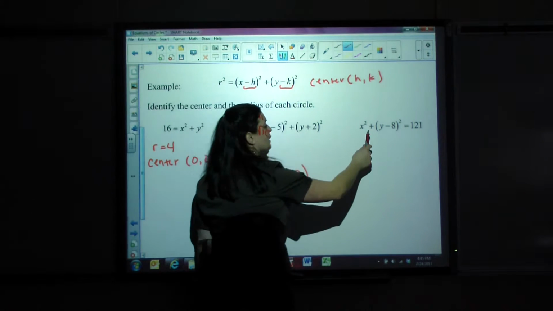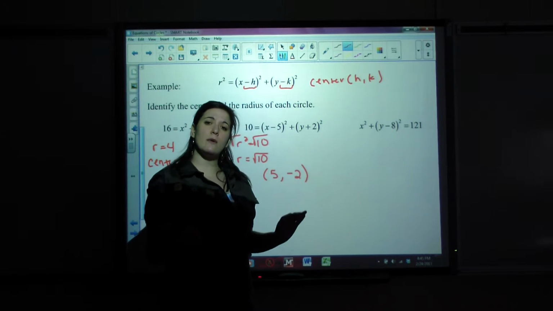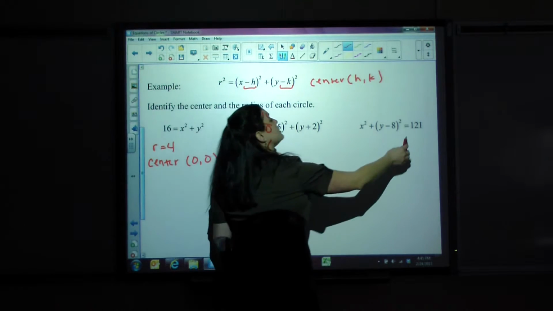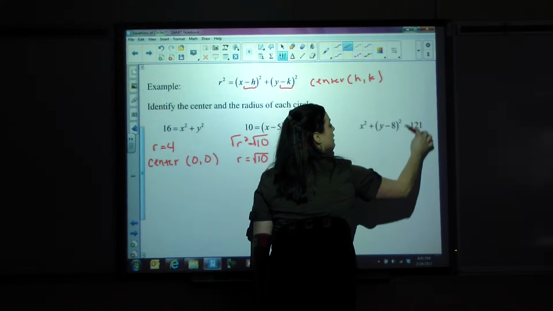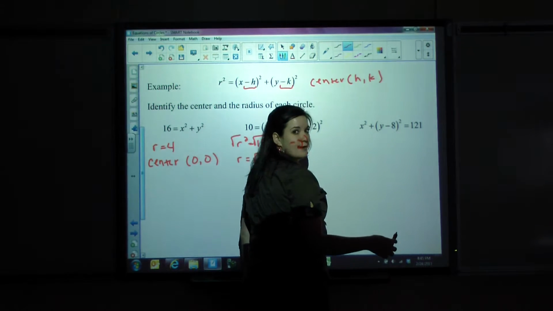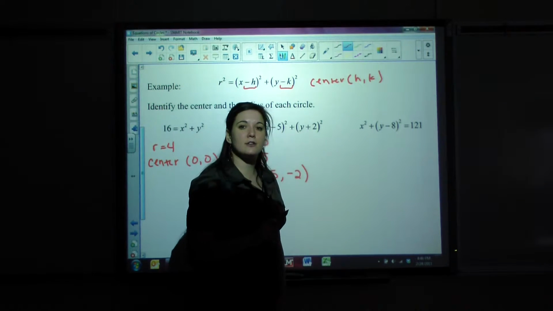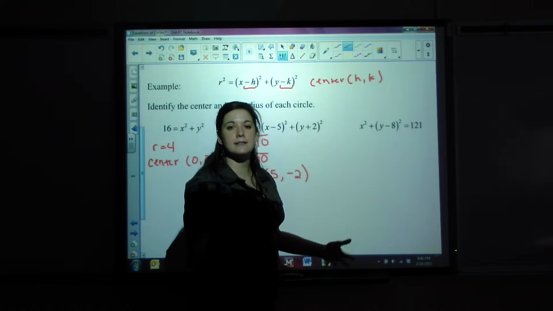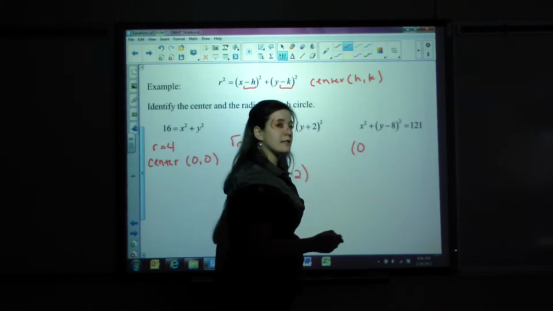Let's try one more. This one, everything's kind of flipped. But you know what? That's okay. We just have to realize this is x squared and y squared equals, this is going to be our r squared. Okay, let's change it up a bit. Let's find the center first. What number is being added or subtracted to x? The answer is 0. Nothing's going on there. So our center is going to start at 0.